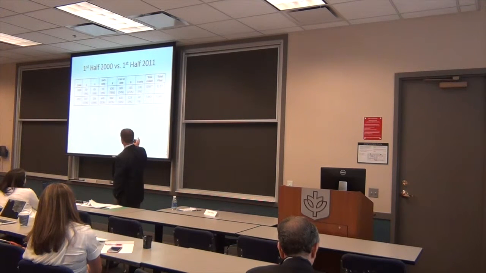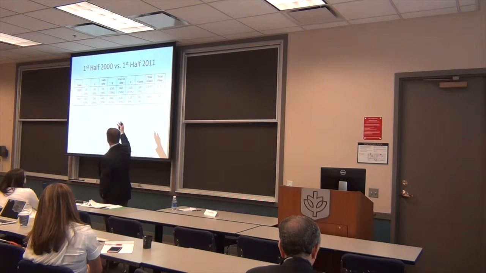So to sort of look and see if we can get rid of the AIA effect, change between 2000, of course we have nothing, that's no random samples yet, even though lots of coding done for 2001 through 2010. Let's look at the first half of 2000 versus the first half of 2011, before AIA was enacted.